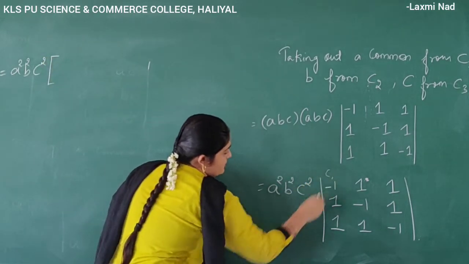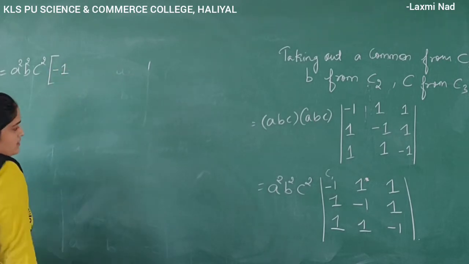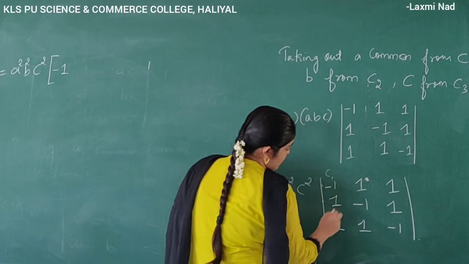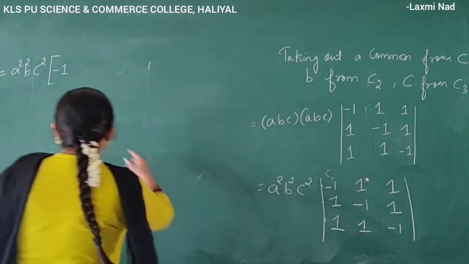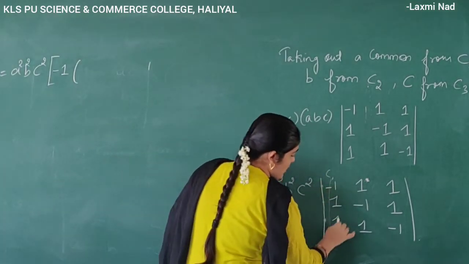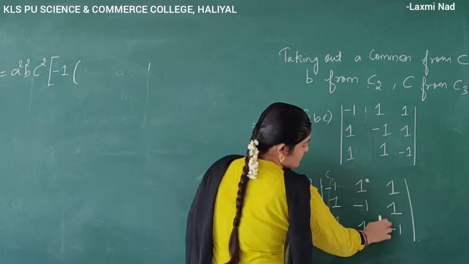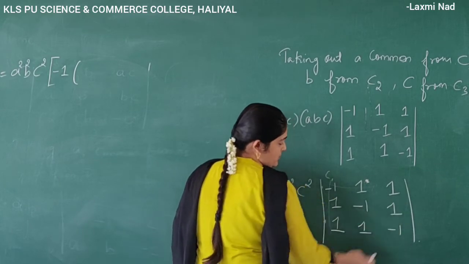The first one is minus 1. The signs here are plus, minus, plus for expanding the determinant. So here minus 1, deleting this row and column, what is left is the second order determinant minus 1, 1, 1, minus 1.